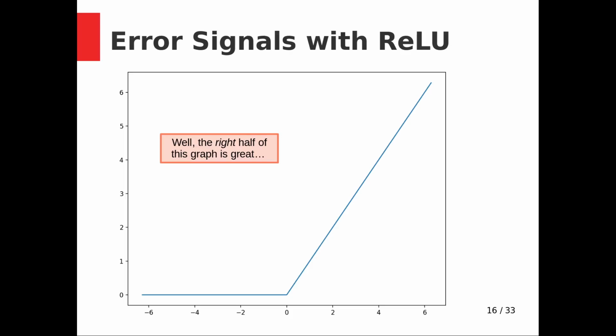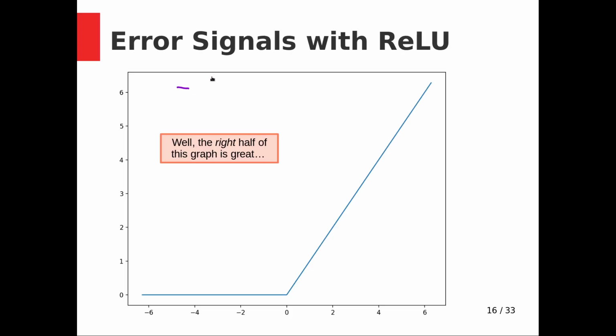So remember that graph before about the error signal as the input goes up? Well, it turns out that's just this. Because remember, that's D equals 0. Okay, let me start over again.